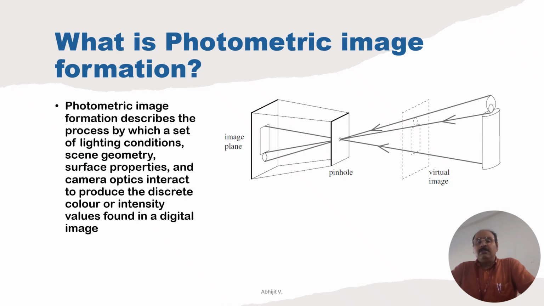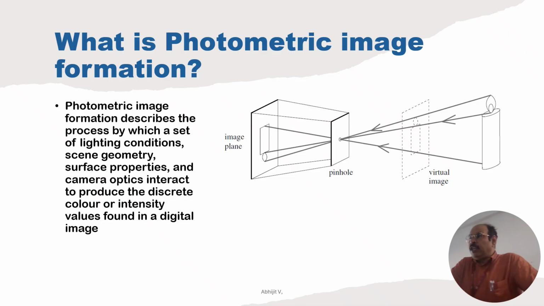What do we mean by photometric image formation? Photometric image formation means the process through which an image is being generated from a scene. The lighting conditions, the scene geometry.